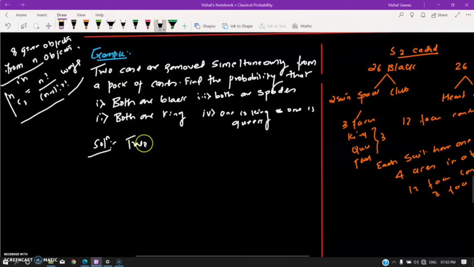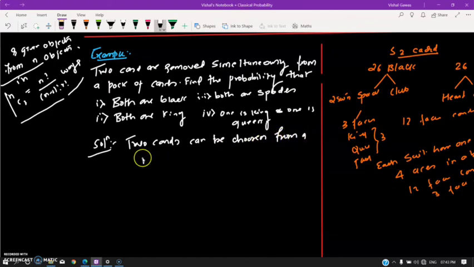Two cards can be chosen from a pack of 52 cards in 52C2 ways.